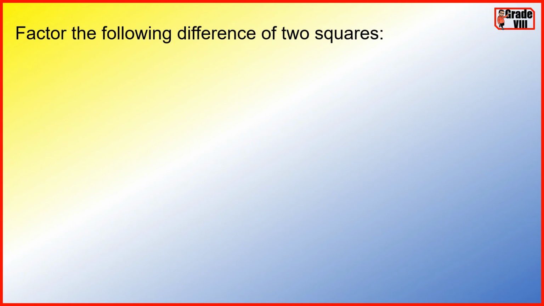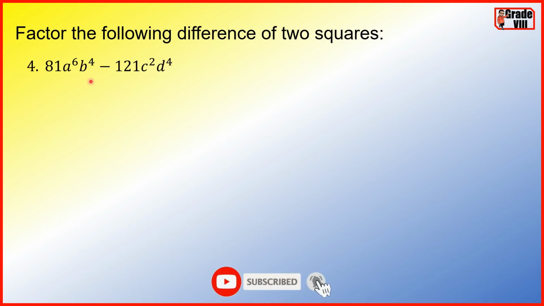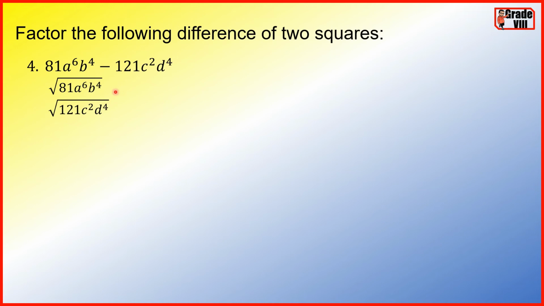Okay, let's have number 4. 81a raised to 6 b raised to 4 minus 121 c squared d raised to 4. So, kunin na natin yung square root nila. Square root of 81 is 9. Square root of a raised to 6 is a cubed. Square root of b raised to 4 is b squared.